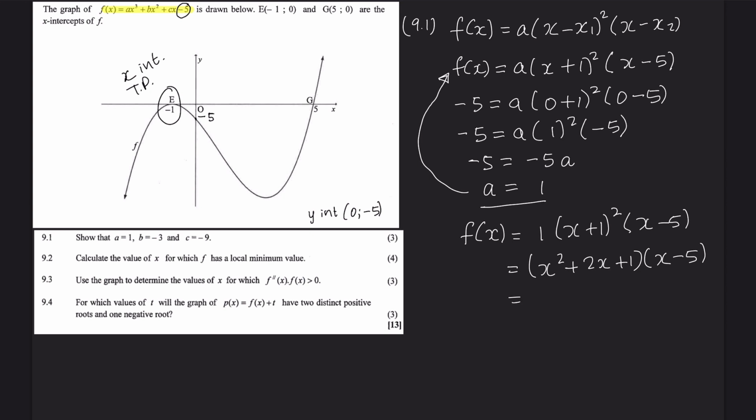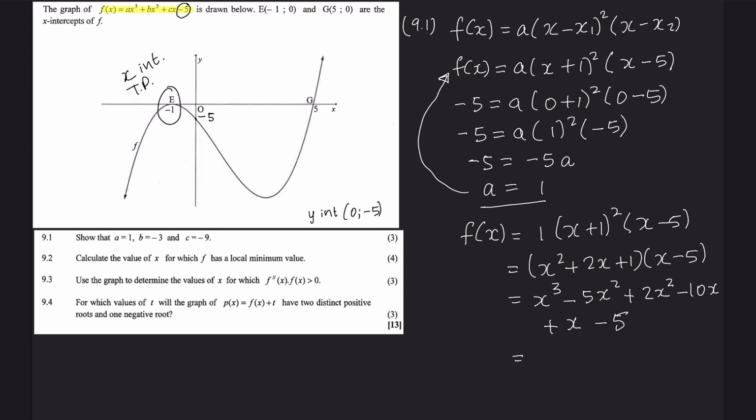Now you expand. So you're going to get x cubed minus 5x squared, then plus 2x squared minus 10x, then plus x minus 5.